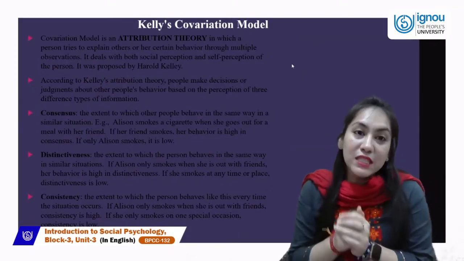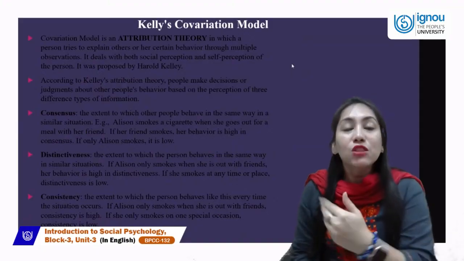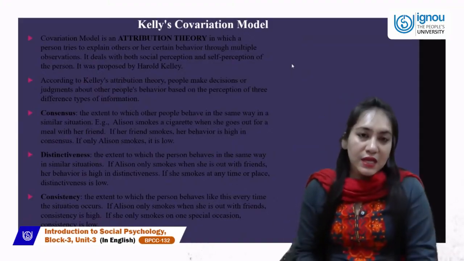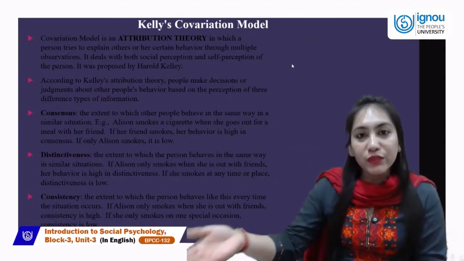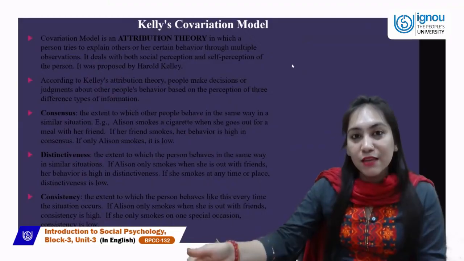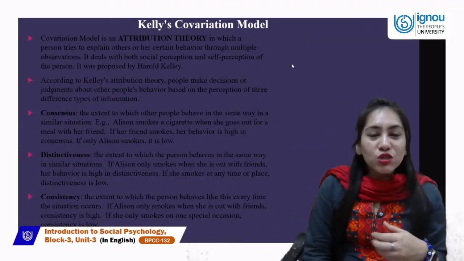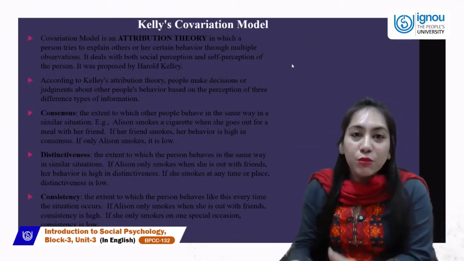When we talk about consensus, consensus is defined as the extent to which other people behave in the same way in a similar situation. So we're not talking about ourselves at the moment, we are talking about other people behaving in the same way in a similar situation. Let's take an example. Alison smokes cigarettes whenever she goes out with her friends for a meal.